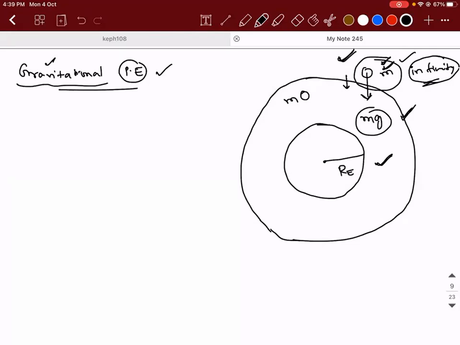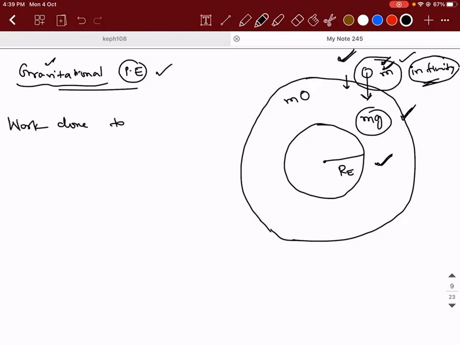The gravitational force can be between Mars and some other planet, between a planet and a planet, or between a planet and the Sun. But here my context is restricted to Earth, to the gravitational pull of Earth.